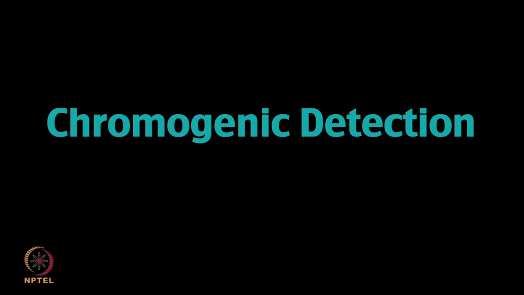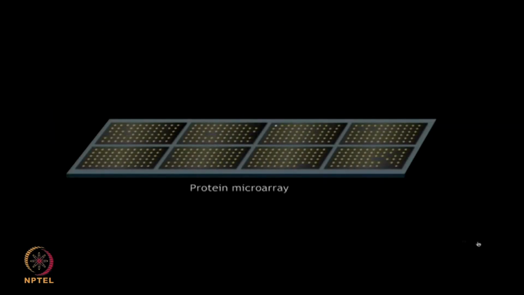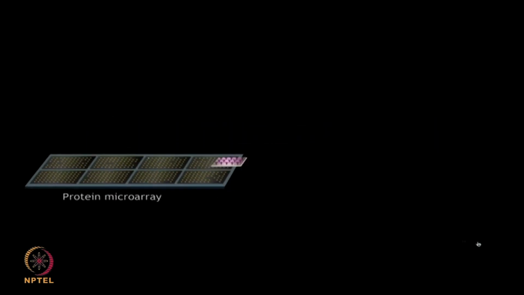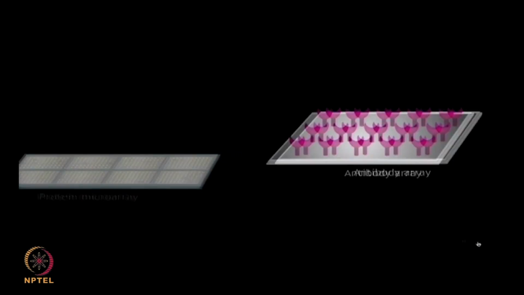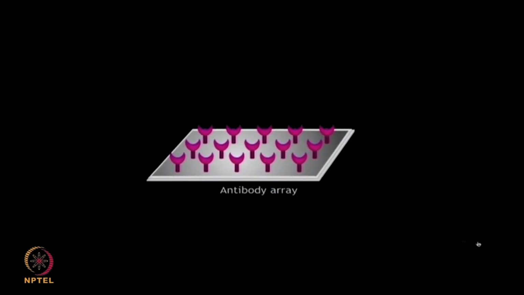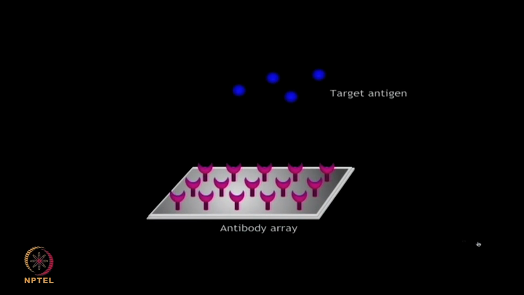Chromogenic detection. The antigen antibody binding interaction can easily be detected by means of chromogenic reactions. An enzyme that can give a colored reaction upon addition of suitable substrate molecules is linked to the secondary antibody.